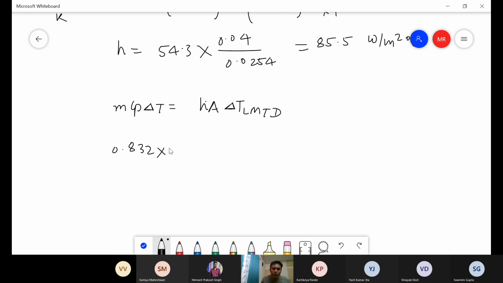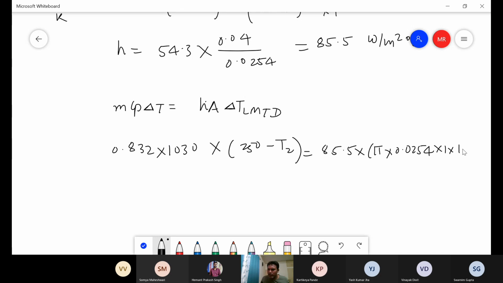Cp value is 1030, into delta T, which in this case is 250 minus T2, and that is given as h, which is 85.5, into area, which is pi d L into 120. So pi into 0.0254 into length of 1 meter into 120 tubes.